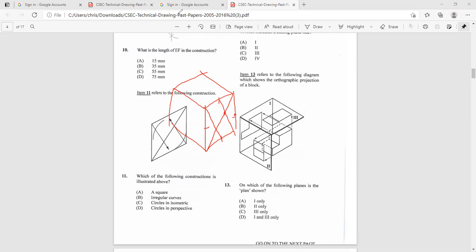You use here as center, open a compass to this radius, then you draw this arc. Here as center, get the first arc. Here as center, open a compass to that radius, draw that. Here as center, open a compass from here to here, get that. Same thing for here. All right.